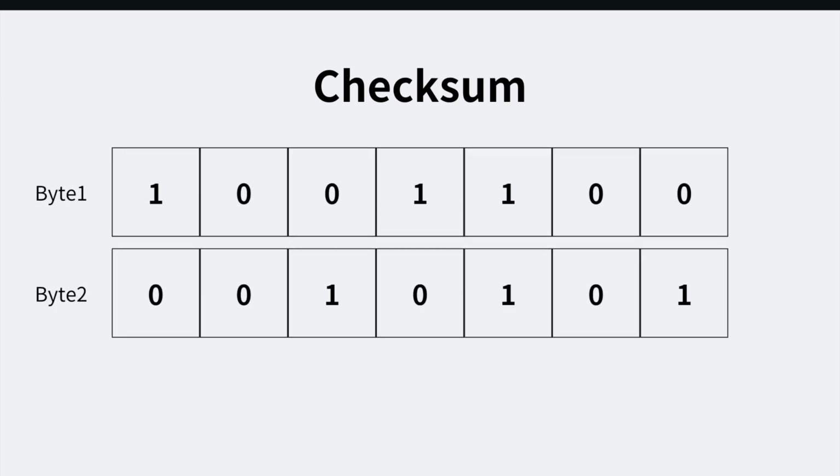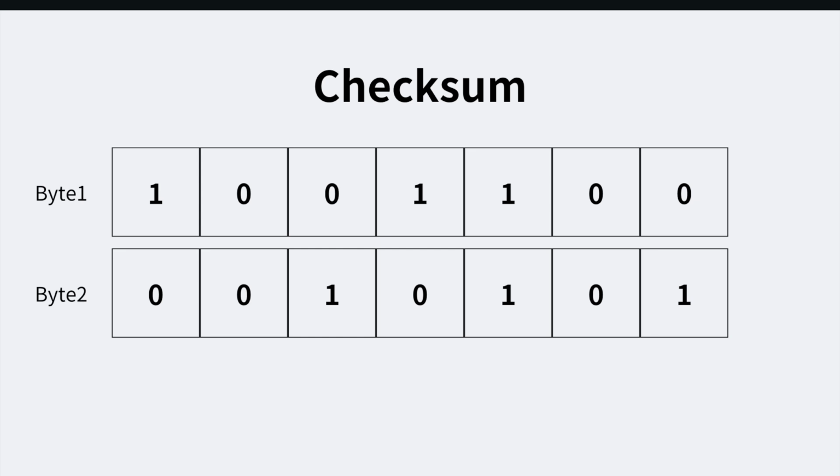Okay, then let's talk about the next way, checksum. Now I want to use checksum to send a block of data. In this block there are 2 bytes, and the first step of checksum is to add byte 1 and byte 2.